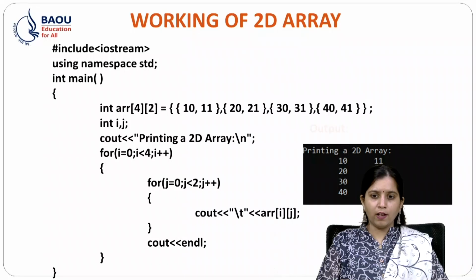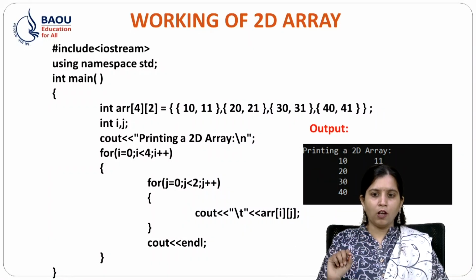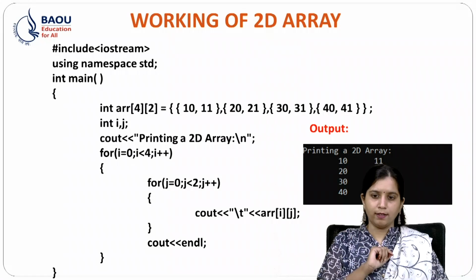So when we run this program, the output will be 10 and 11, 20 and 21, 30 and 31, 40 and 41. I hope now you get the idea about how a two-dimensional array works.